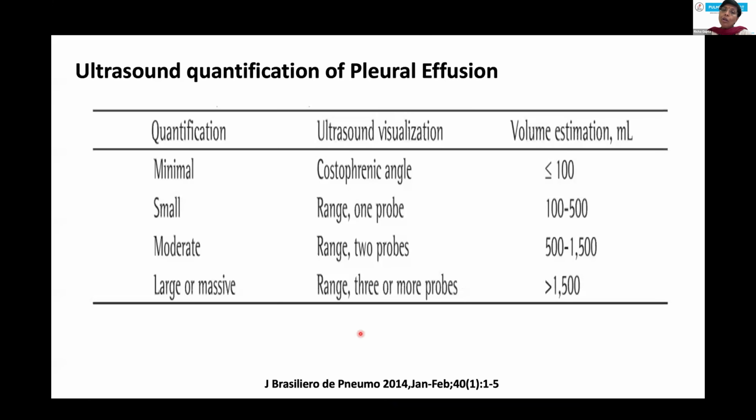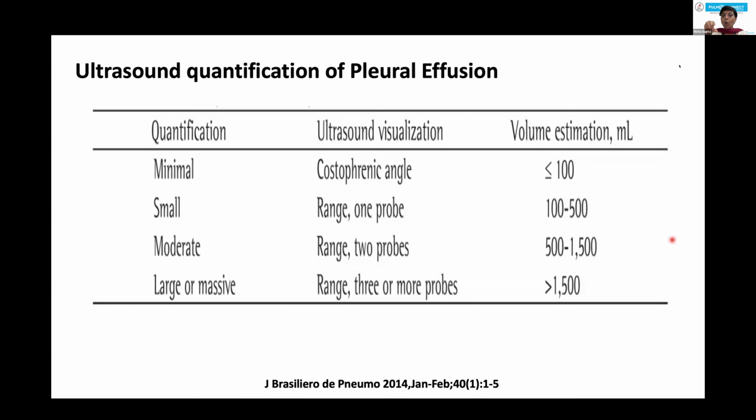Now, ultrasound quantification of pleural effusion: there are various ways of doing it, and radiologists have formulas where they can feed in values. For us, it is very important to know roughly how much the effusion will be, so that I can plan my further investigation or management. If it is just present in the costophrenic angle, it is considered minimal, less than 100 ml.